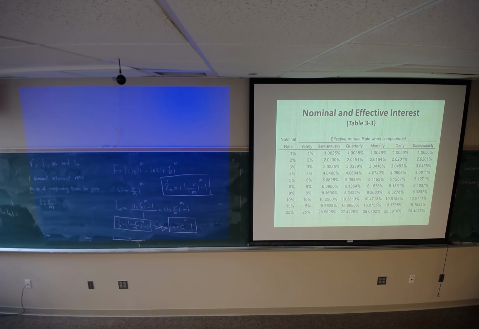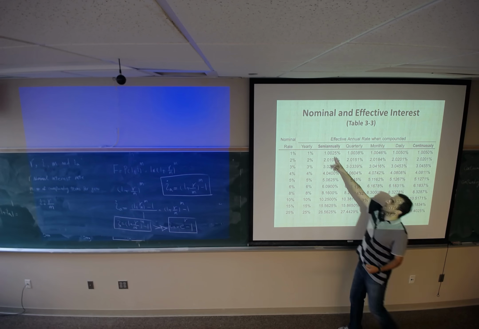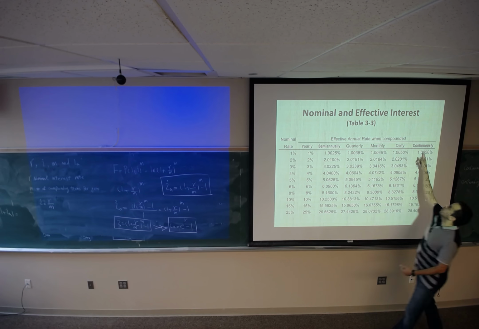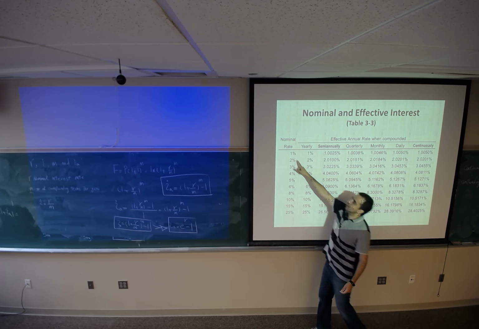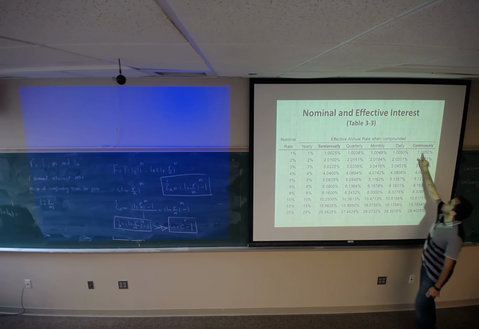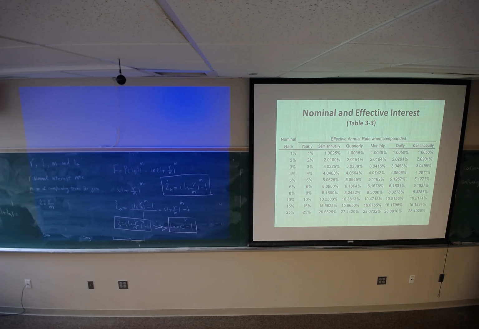But for different compounding terms, you can compare the values. 1% is going to change to 1.005 if you compound this continuously, and 25% is going to change to 28.4 if you compound continuously.